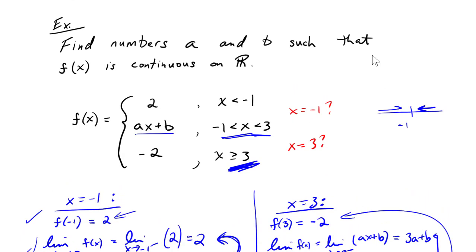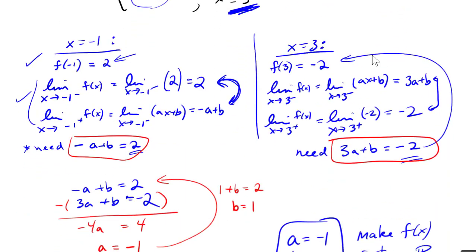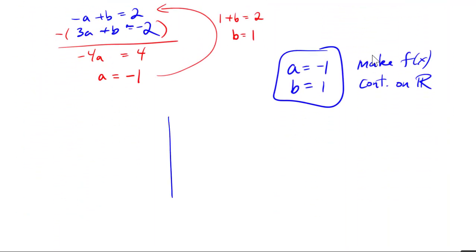Now, it's not too surprising because look at what they are. F is 2 before negative 1, and it's negative 2 after 3. So think about it like this. Here's negative 1, 1, 2, 3.